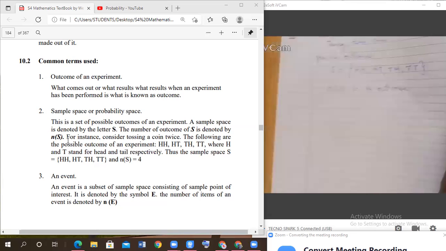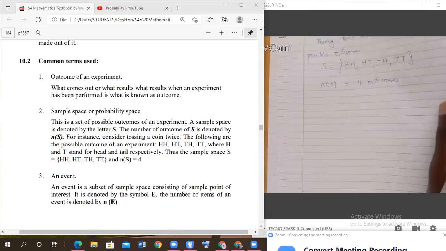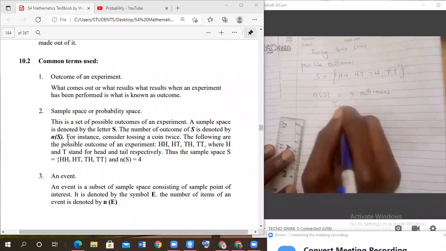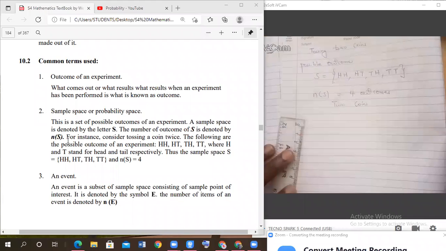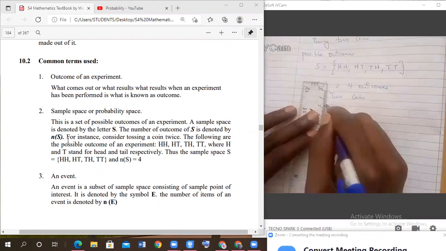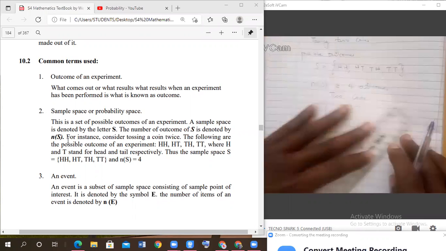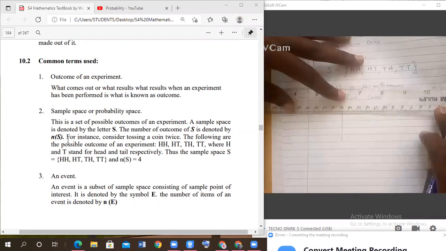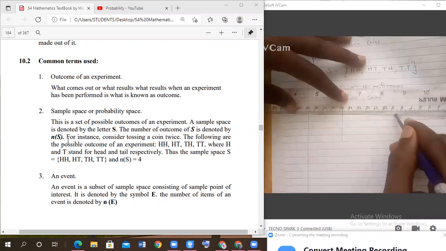Let's see how we generate a sample space. Take, for example, 2 coins. You draw a simple table like this. Are you seeing that, members?